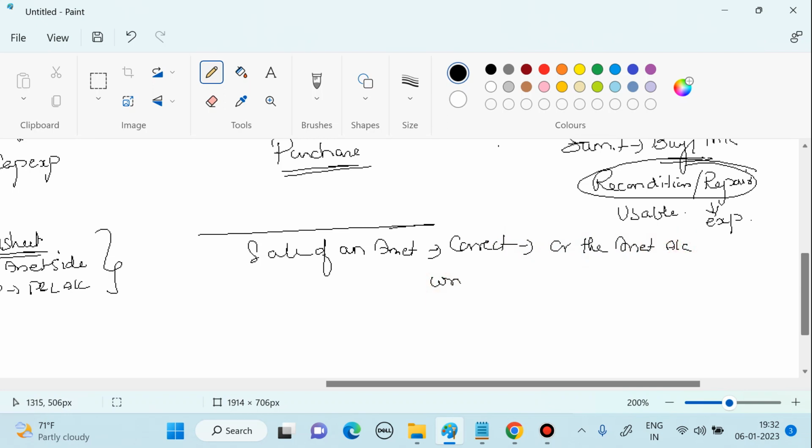But wrongly, you credit it to sales account. Then there is error of principle because here it will go in the computation of the profit if you credit it to sales account. Whereas it should have been credited to asset account, asset balance, the balance sheet should have got reduced. So this is another type of error of principle.